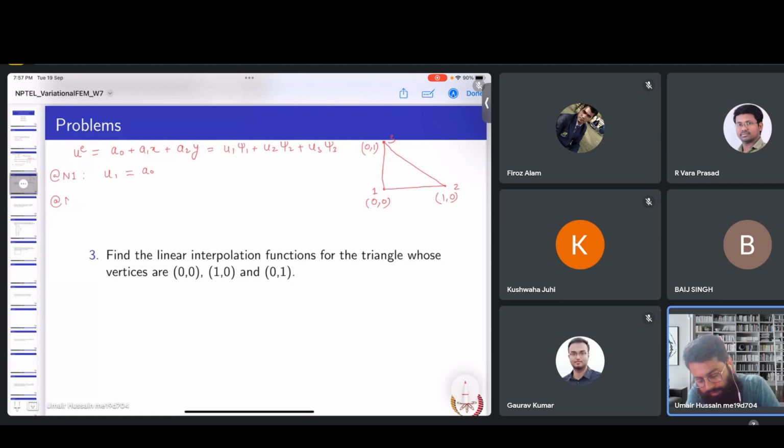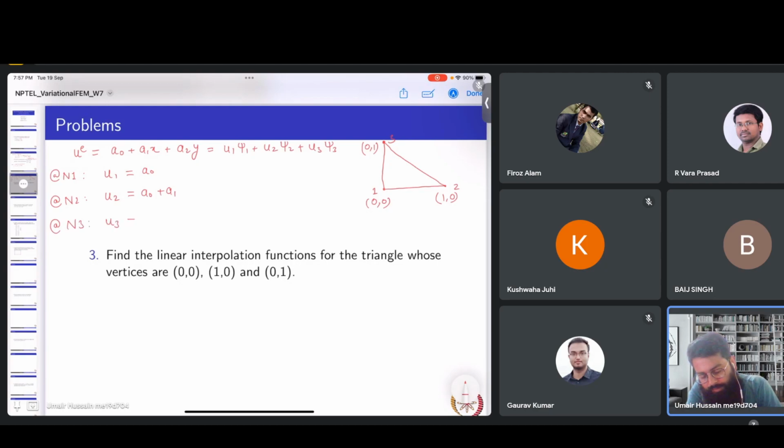Then we substitute the value at node 2. On the right hand side, we should have u2, and on the left, a0, and since x is 1, we'll have a1, and y is 0. Then we substitute node 3.